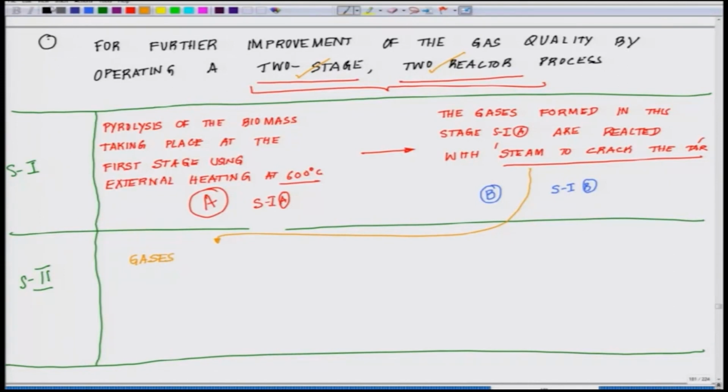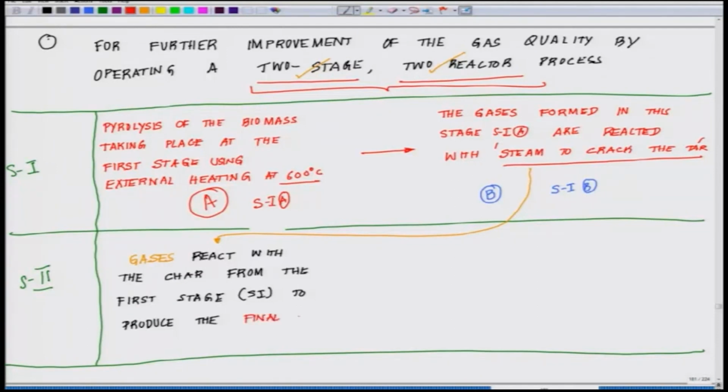Gases react with the char from the first stage, S1, to produce the final product gas.